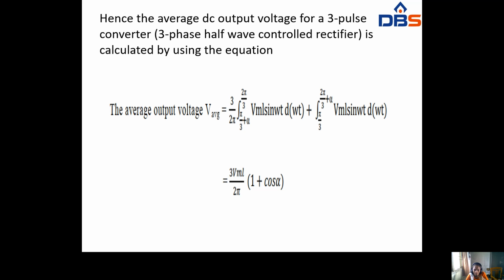V average equals 3 by 2 pi, integral from pi by 3 plus alpha to 2 pi by 3 of Vm sin omega t, plus the integral from pi by 3 to 2 pi by 3 plus alpha of Vm sin omega t. By simplifying this we get 3 Vm by 2 pi times (1 plus cos alpha).